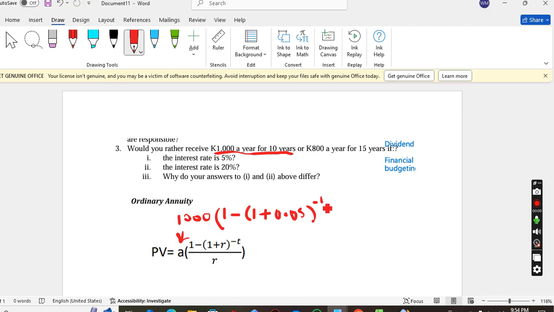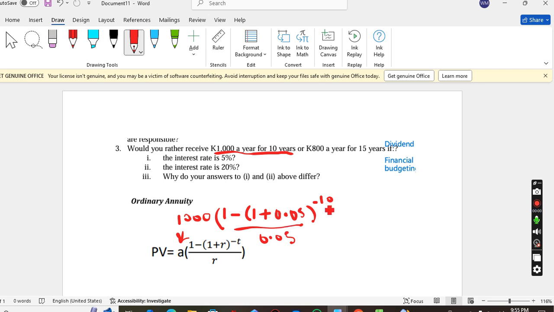So T is 10, over 0.05. So colleagues, here order of operations is very important. First start with 1 plus 0.05, you get 1.05, then put it to the power negative 10.